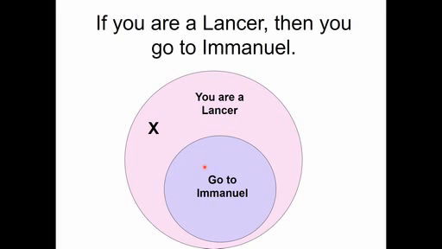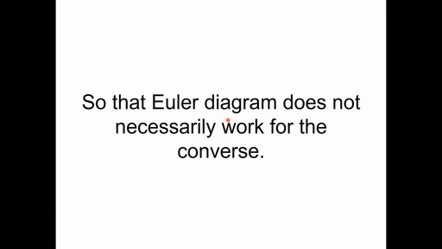Maybe you know some other high schools whose mascot is a Lancer. So we can't use this diagram. If we'd chosen our X here first, yes, we are a Lancer, and yes, we go to Emmanuel. But the fact that there are two locations that satisfy the statement means that this Euler diagram will not work, I'm sorry. So you can see the Euler diagram doesn't work for the converse.